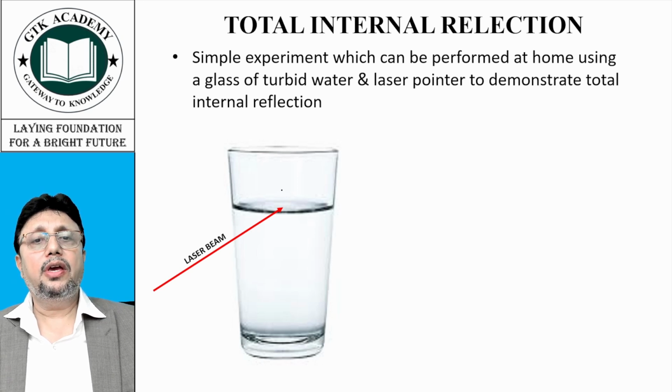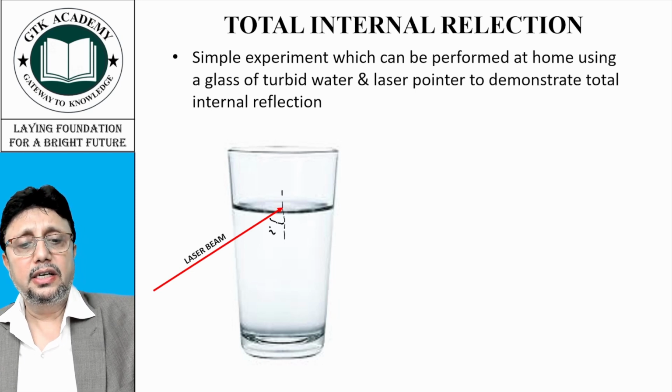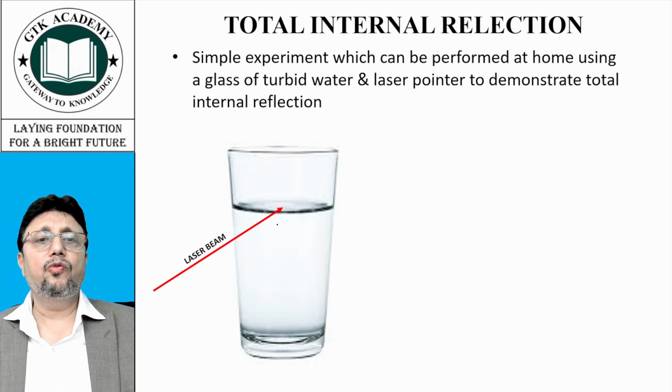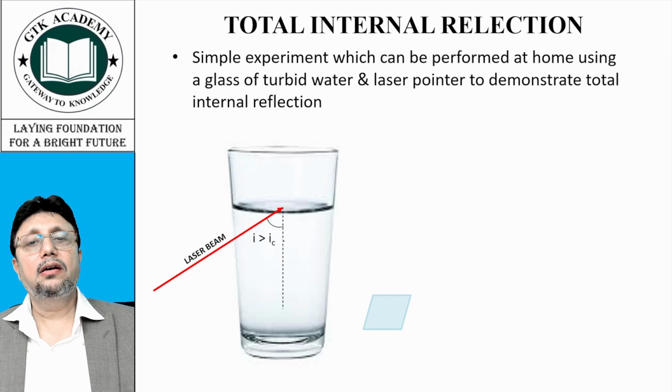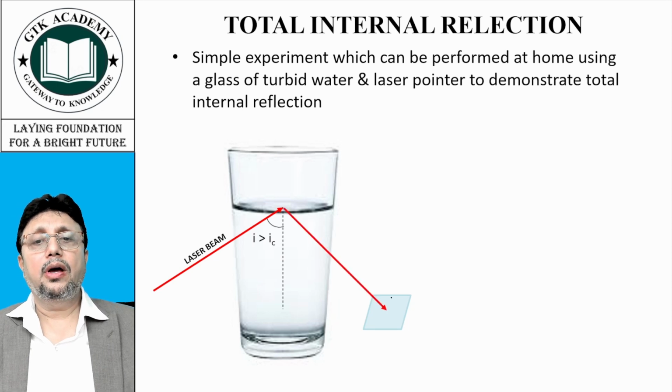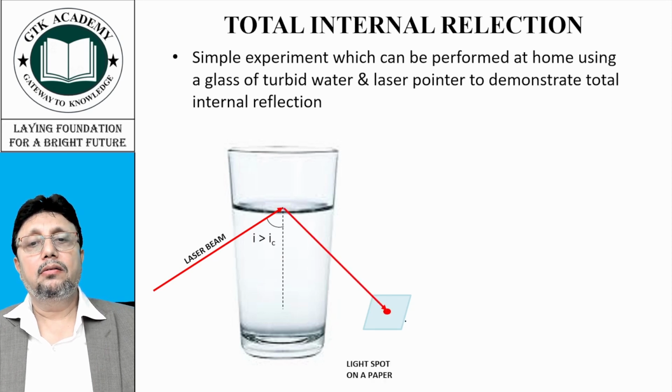So if you keep on increasing this angle of incidence, you will get a stage when the ray will be reflected back like this, and you can put a paper here and you can see a light spot, a red spot here.